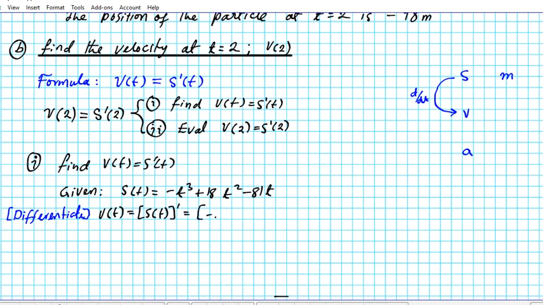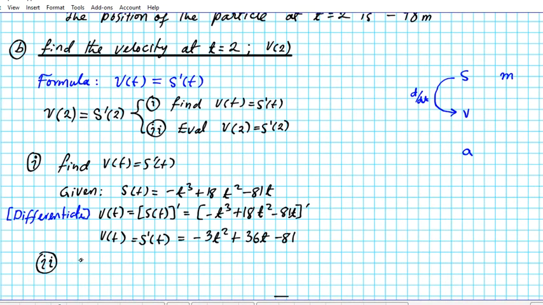So we just differentiate both sides. Alrighty, so let's go ahead and differentiate. V of t is equal to s prime of t, which is term by term differentiation, negative 3t squared plus 36t minus 81.